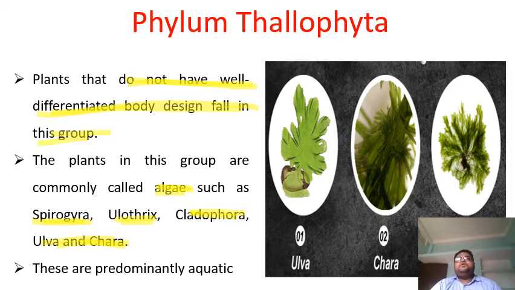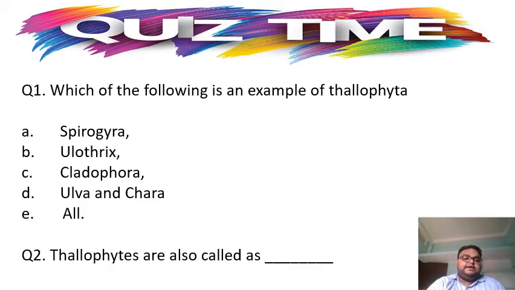So you might have seen that near the water bodies the algae is formed, isn't it? The green colored substances are formed, little tiny plants are formed. Suppose this is a water body, then there are green stuffs found. So we can say that the phylum Thallophyta or the algae are predominantly aquatic, isn't it? So these are aquatic plants, right? So now let's move ahead.